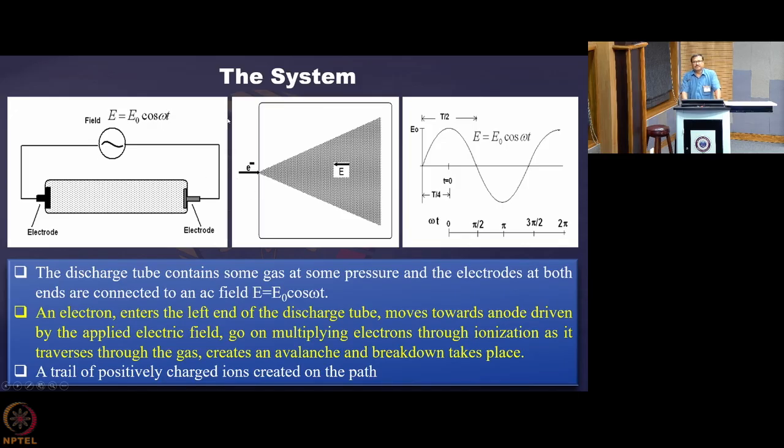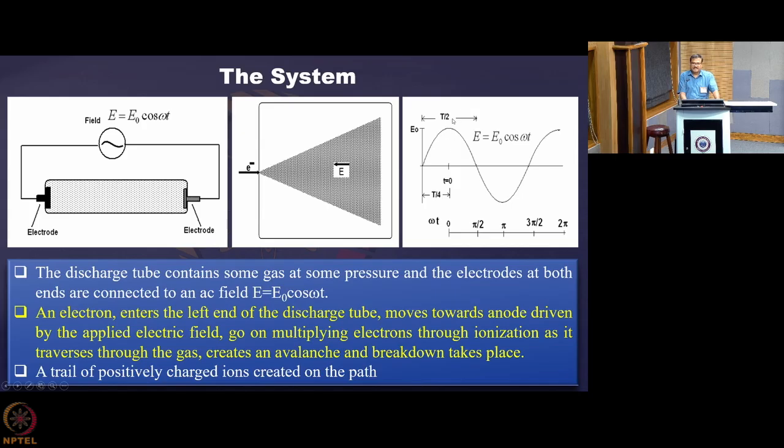Okay. So now I am applying an electric field of the type E equal to E0 cos omega t. I have plotted it over here, but just seeing at this axis, you may be mistaken that this is a sine curve, but actually this is a cosine curve, because I have put t equal to 0 over here.